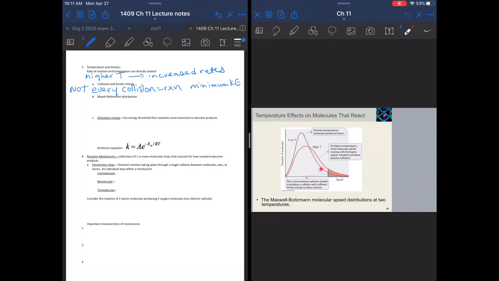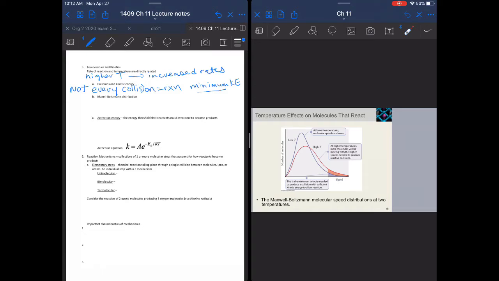There are higher energy, there are lower energy molecules. And so let's say that threshold minimum kinetic energy is at this arbitrary line here. Well, only a certain fraction of those molecules, you see in blue for the low T experiment, have enough energy to react.